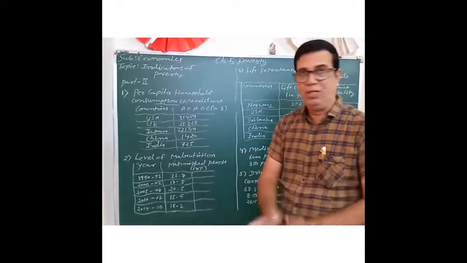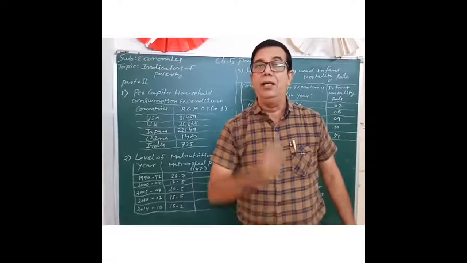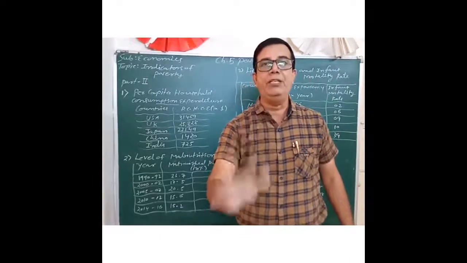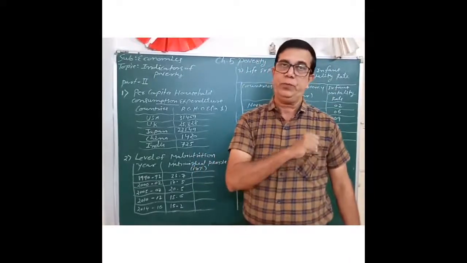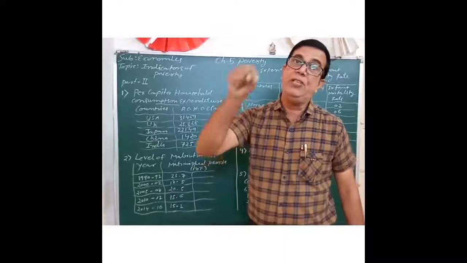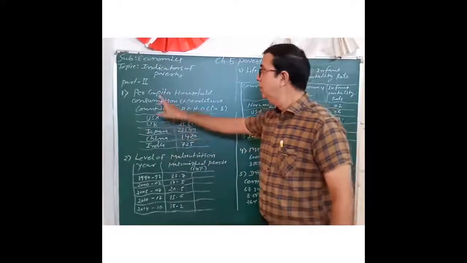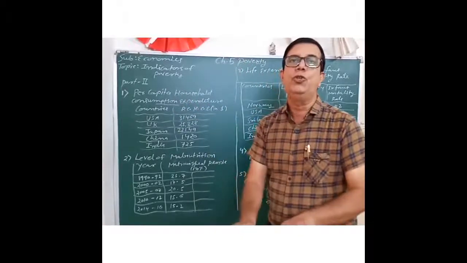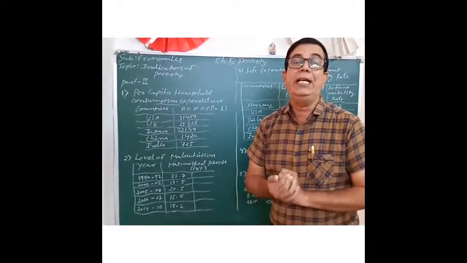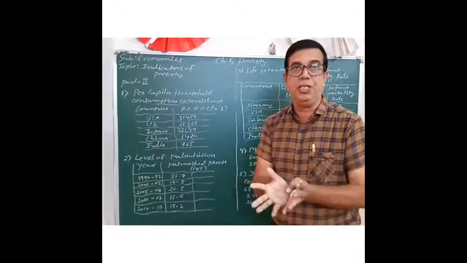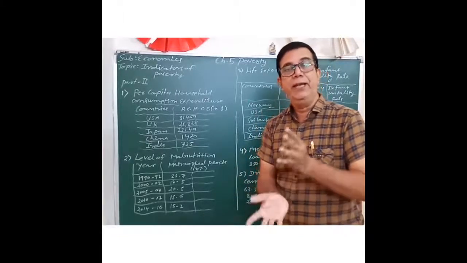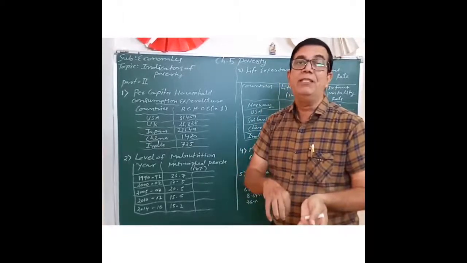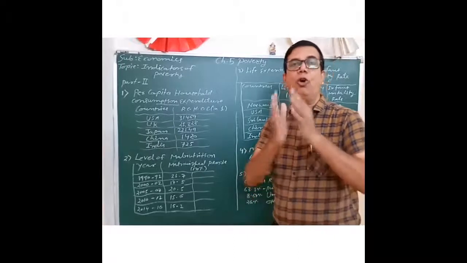Why? Because of one reason, and that is low per capita income. Because of low per capita income, your per capita household consumption expenditure is also low. So they can't get proper quantity in their daily meal as well as quality.